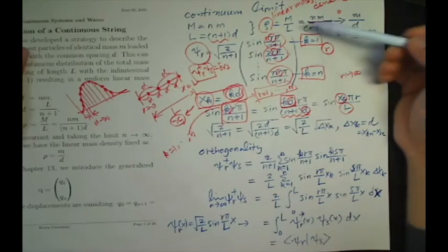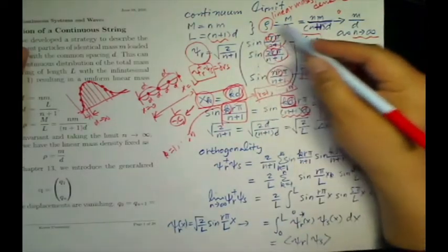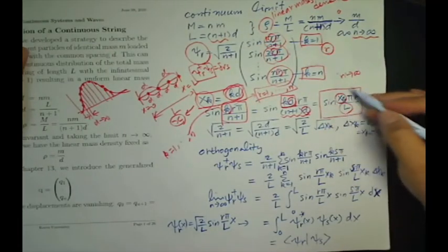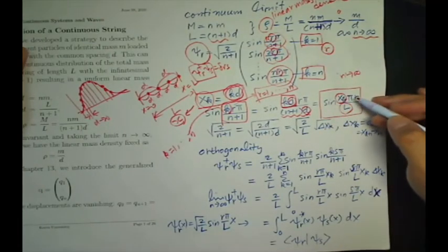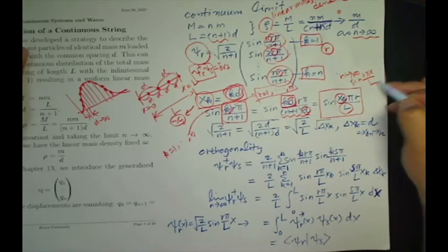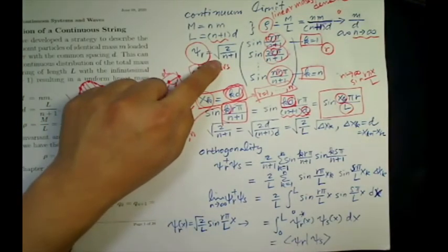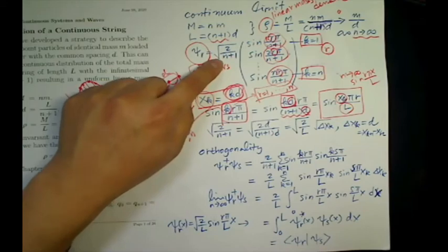So we would like to represent this column vector by a function. This is sine r pi x over L. And let us consider the overall normalization, square root of 2 over n plus 1.